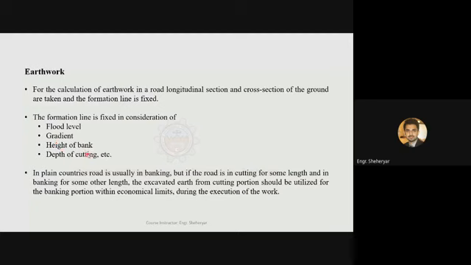Then other important factors are height of bank and depth of cutting. So you have to take care that not too much amount of cutting or filling is required at any location. Otherwise, it will increase the cost of the project.